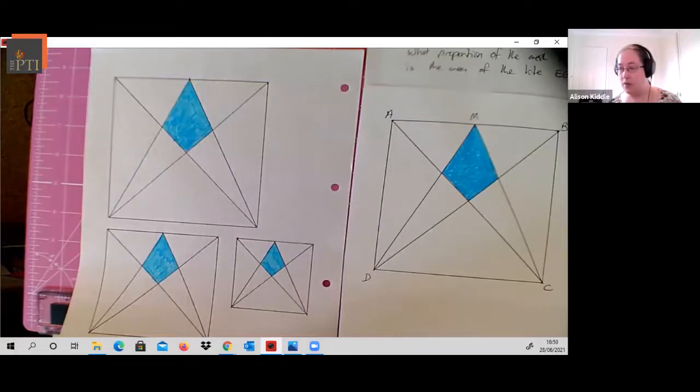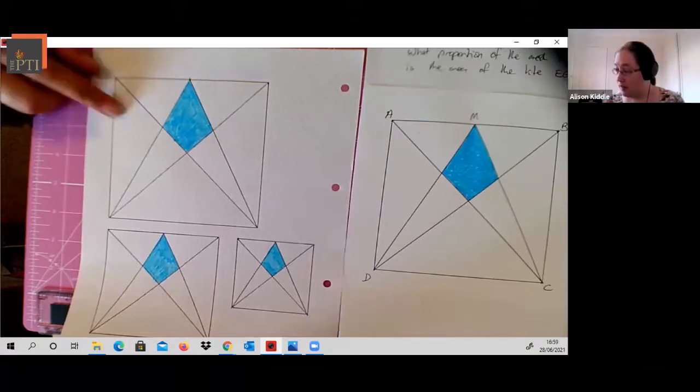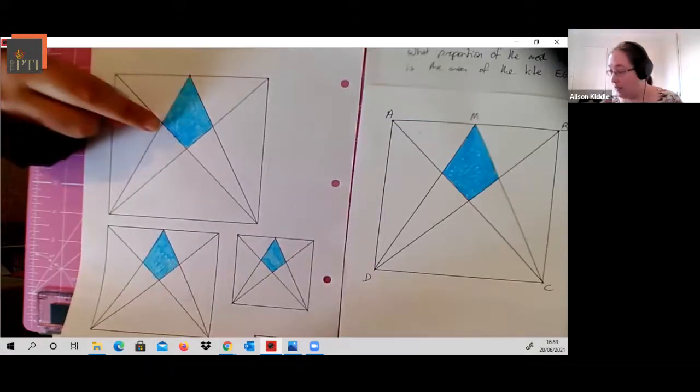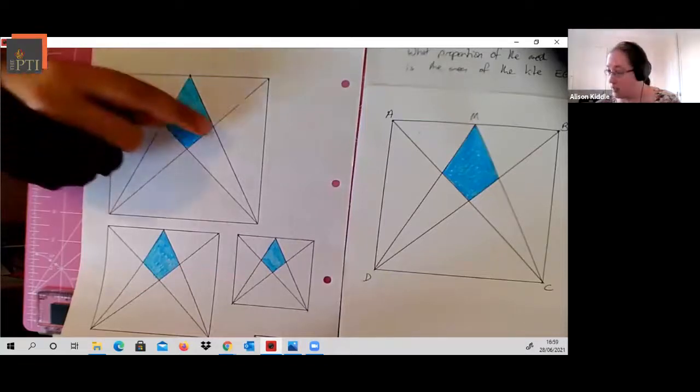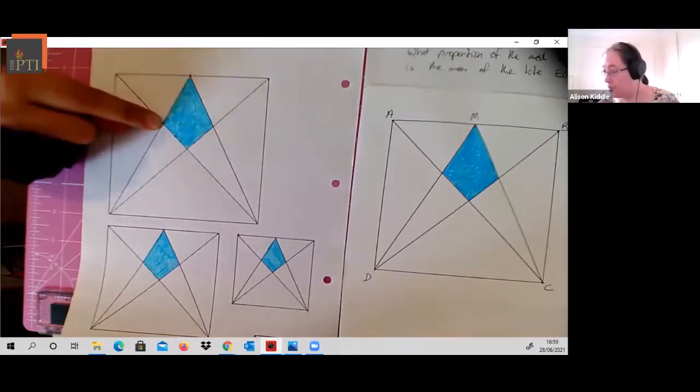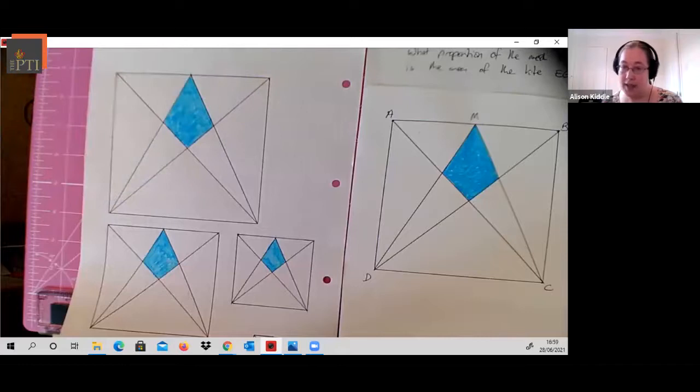But on the first one, it might be a little bit harder to start working out actual areas straight away. The nice thing about the square grid is you can almost do it by counting squares. You can certainly start to think about how to split the triangle up into things that you can calculate.